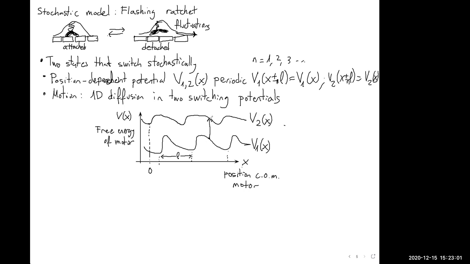And we say this happens at a rate omega 1 of X. This is the switching rate from state 1 to state 2 from position X. And we also have the opposite, so we have also this rate going backwards. This will be omega 2 of X.